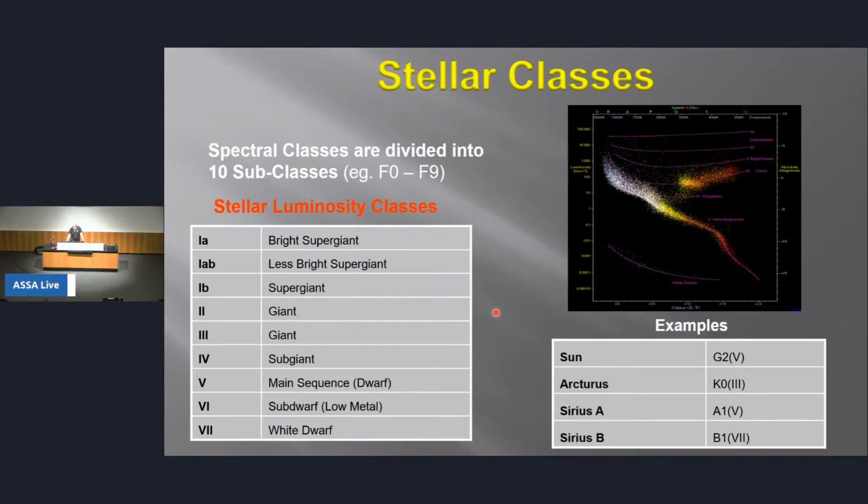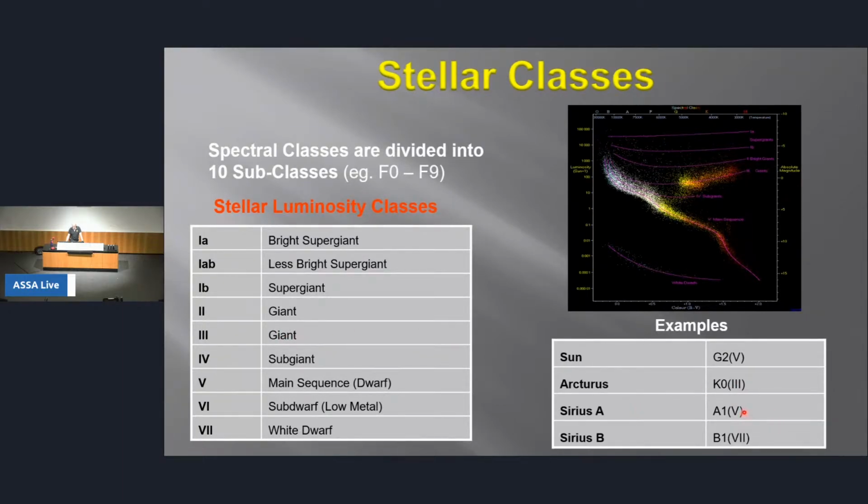So as a few examples here, the Sun is a G2V, so V meaning main sequence star. Arcturus is a K0III, so a K0 means it's a cooler star than the Sun, and it's a red giant because you can see III is a giant star.